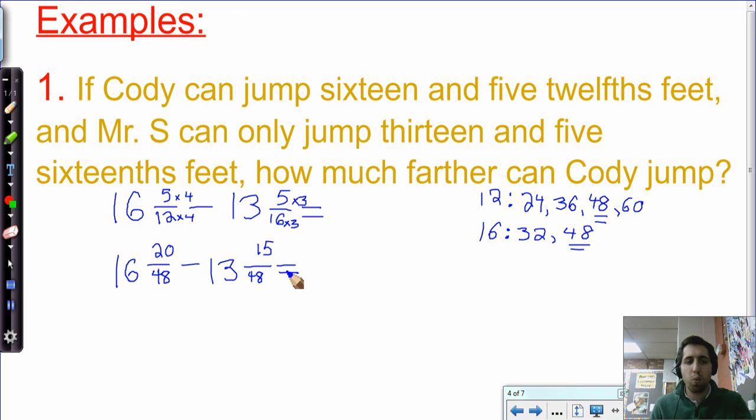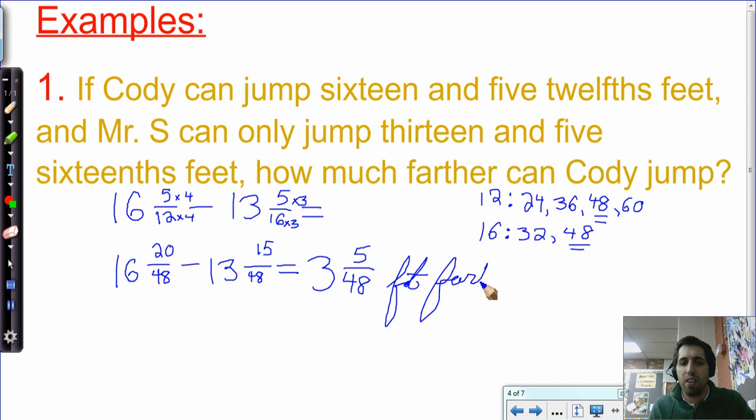If we have 20 48ths over here and we took away 15 of them, we would have 5 48ths left over. And now we can also subtract the whole units, just the fact that our mixed numbers have whole units as well. So 16 whole feet, and we took away 13 feet, that would be 3 feet. So Cody jumps 3 and 5/48 feet. We should always include a unit.